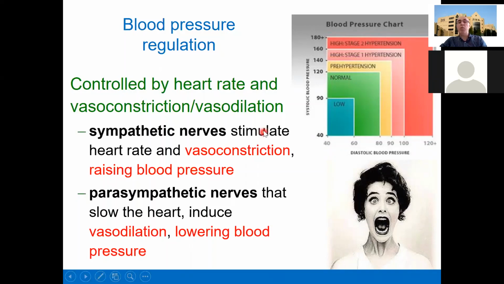Okay, as you see here is the systolic blood pressure in this diagram. The normal systolic blood pressure should be around 120, and diastolic blood pressure should be about, let's see, 70.